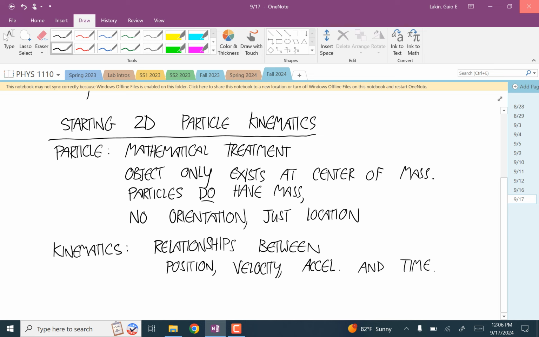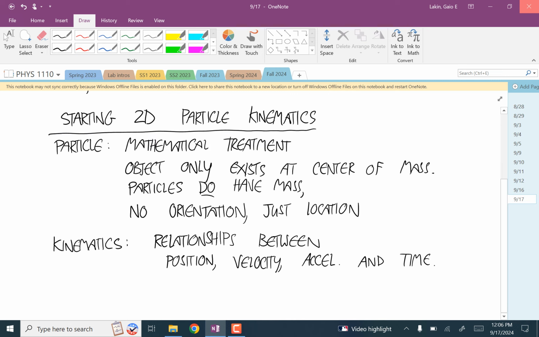And so we're not doing anything to try to figure out how things cause these motions. We're just kind of describing the motion. Soon, after we get done with 2D particle kinematics, we'll start talking about particle kinetics, where we include the causes of the motion, forces and mass, energy. Okay, so, and now 2D.